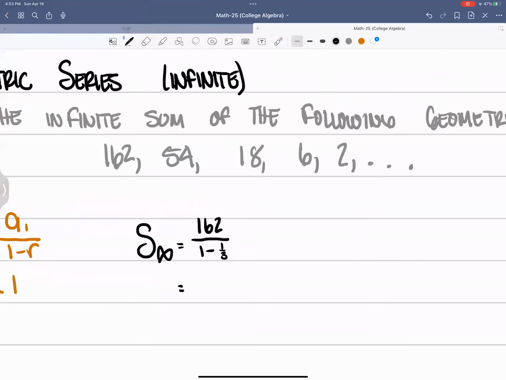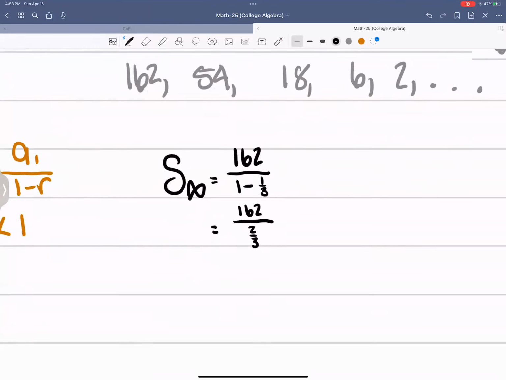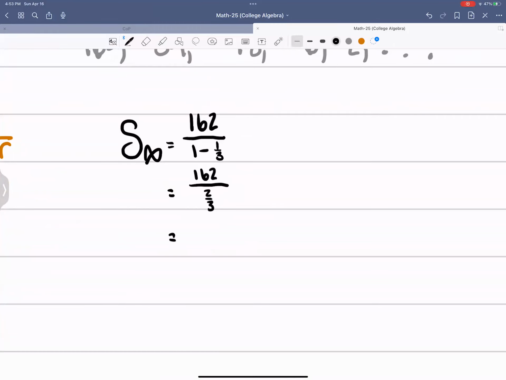From here, let's see what we have. 162 over 1 minus 1/3. It looks like that's going to be 2/3. And keep simplifying. In order to rationalize this, I want to multiply this by 3, that way those two divide out.